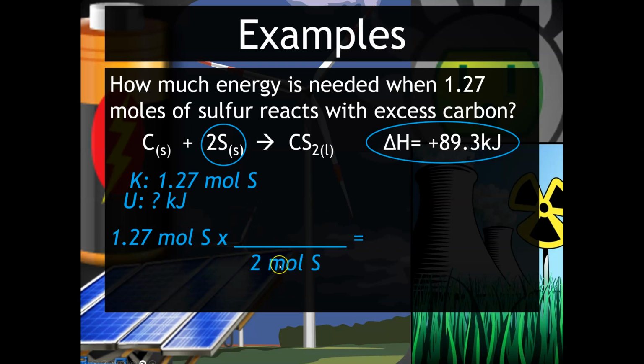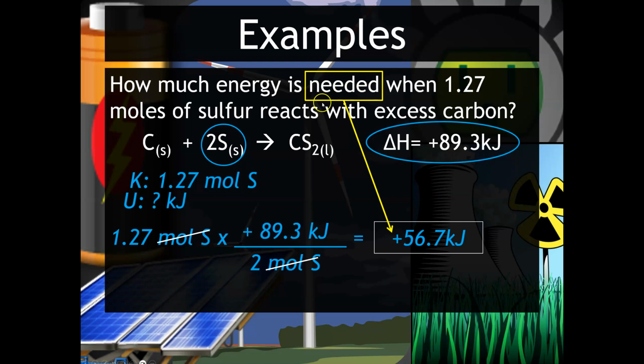So it's going to be 1.27 moles of sulfur times 89.3 over 2, cancel, which gives us 56.7 kilojoules of energy. Simple as that. All we have to do is divide by that coefficient to get to the kilojoules per mole. Now it says here it's needed, so that means I need to add 56.7.